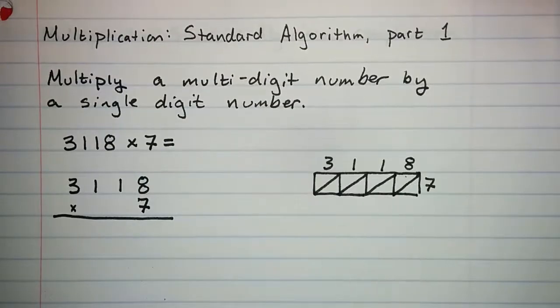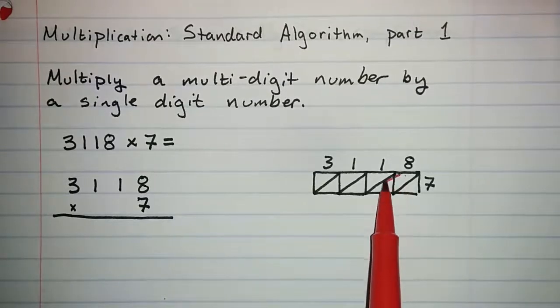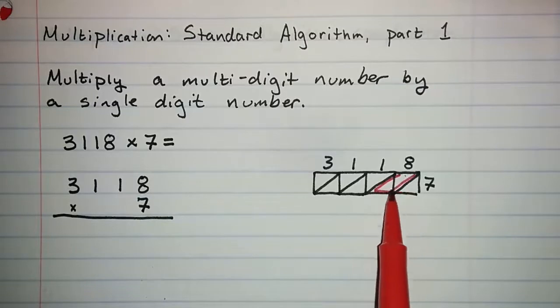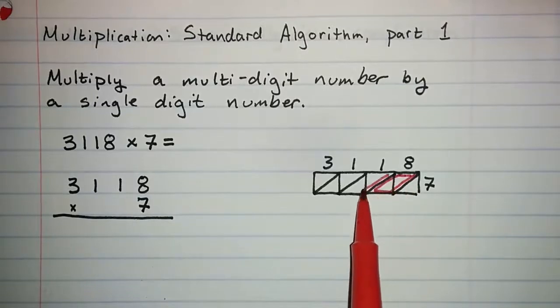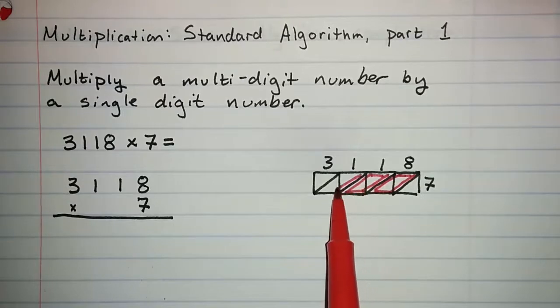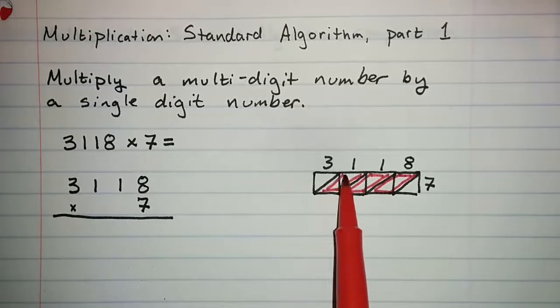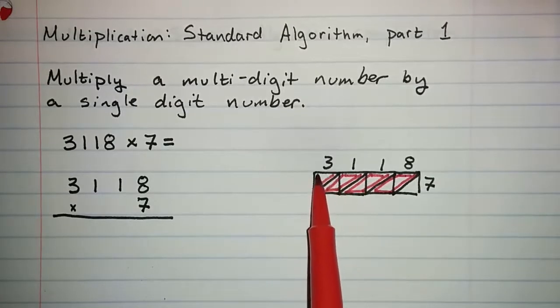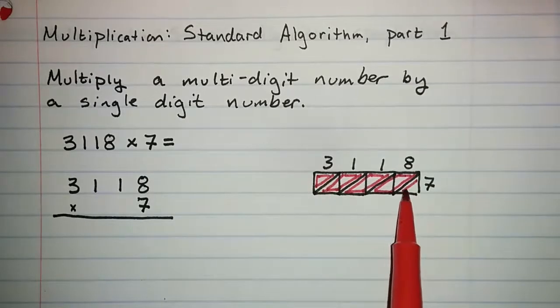Now notice that each of the diagonals in this box, when I'm multiplying by a single-digit number, has only 2 entries, except for the first and last, which have 1 each.